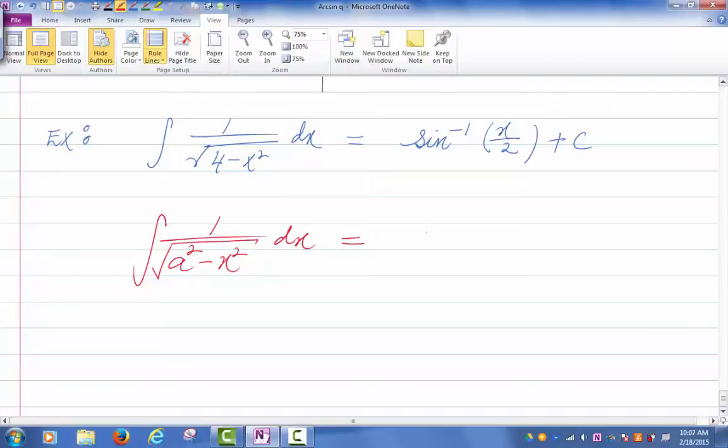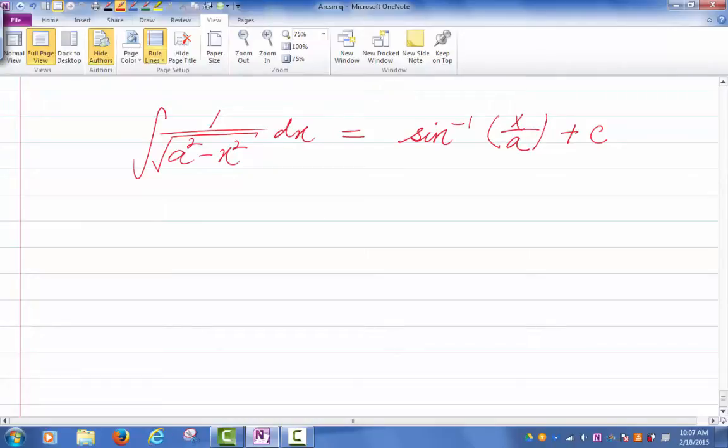That is equal to, can anyone guess what I would have within the parenthesis here? X over a, very good. Note that in the example I had a 4. 4 is like 2 squared, so that's why I have that half there. If I have a, that's what you're going to get.